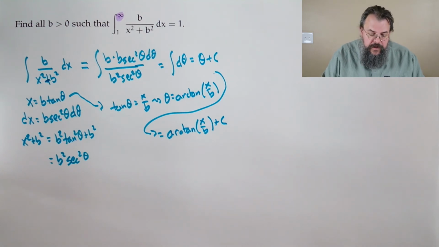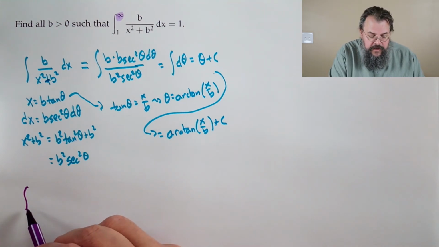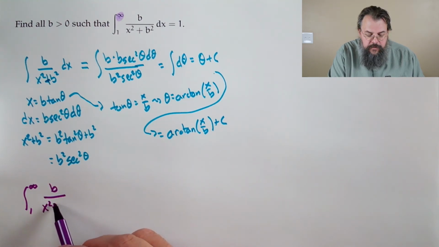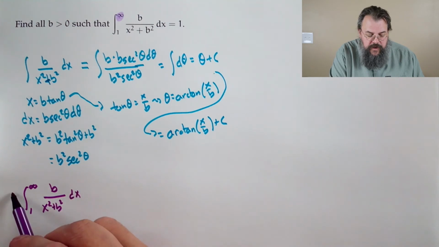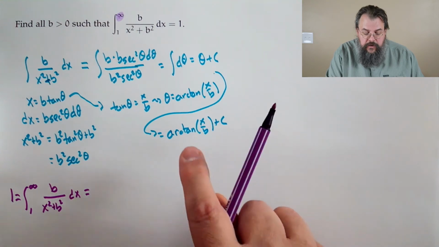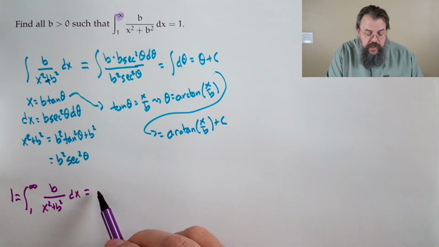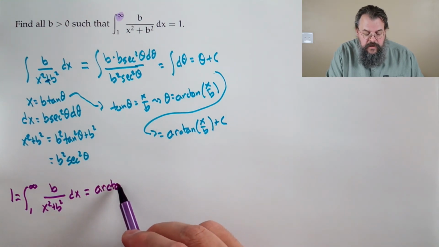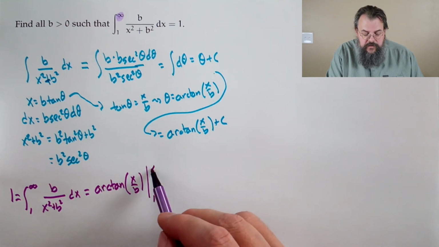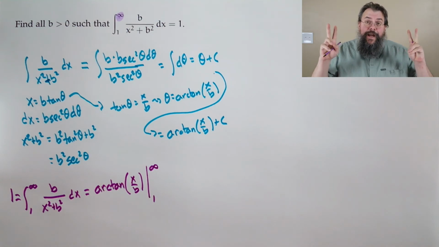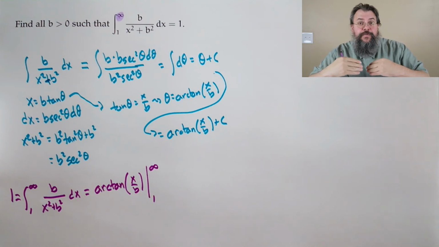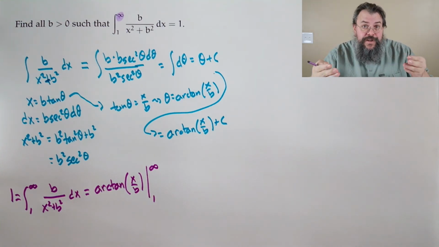Our integral from 1 to infinity of b over x squared plus b squared dx, remember, that equals 1. We'll come back to that. That's equal to, according to what we just did, arctangent of x over b, evaluated from 1 to infinity. Here's where we handle the improperness. We can't just plug in infinity, but we can ask what's happening as we go to infinity.